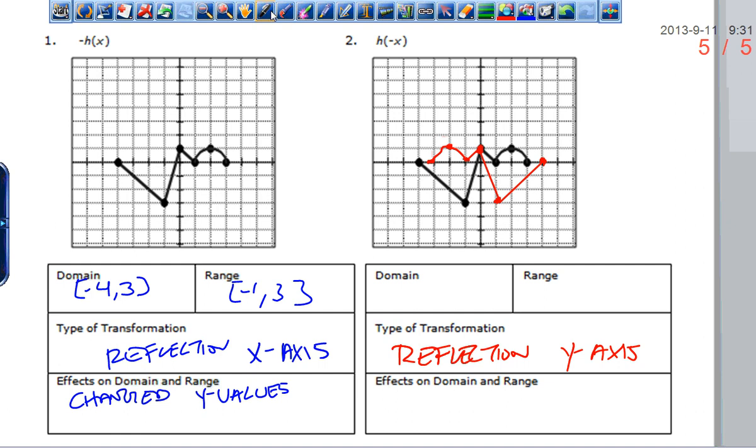Did our domain change this time? Sure did. Now it's going from -3 to +4. My range? Stay the same? Stay the same from our original, right? Not from the one that we just did here in blue, but from our original. So it's still -3 to 1.